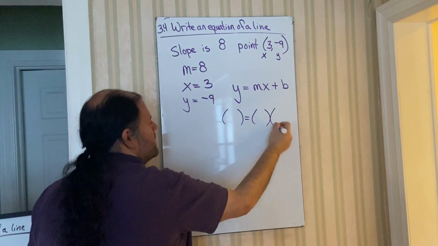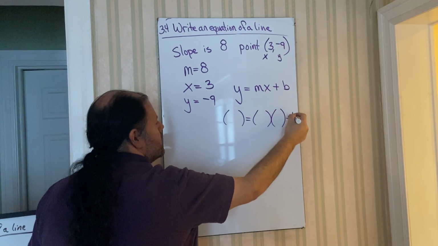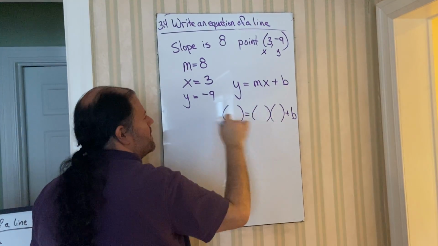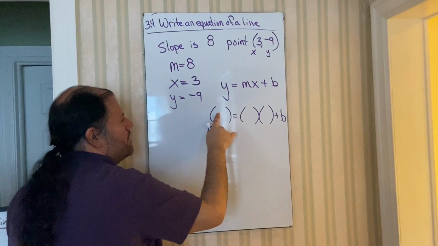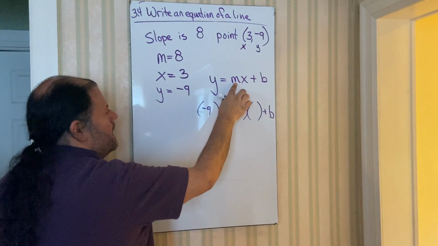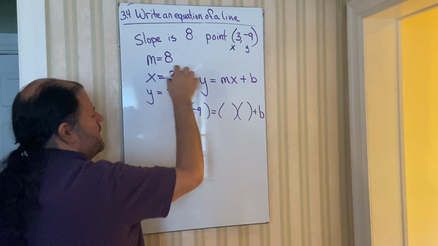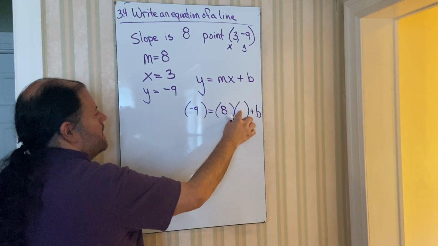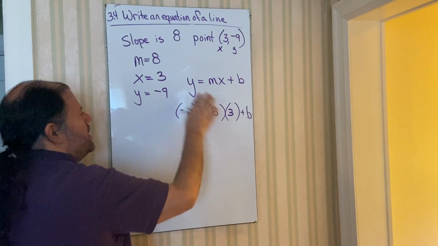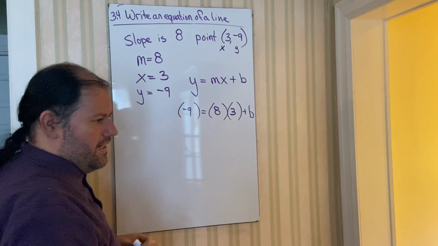Notice I use parentheses. Since I don't know b, but I know everything else, I'm going to plug them in. Y is this guy. Make sure you put them in the right order. M is this guy, the 8. X is this guy, the 3. B, we didn't have the letter b here.